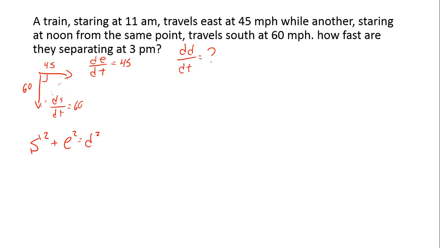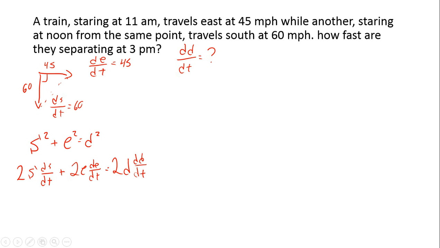And so now, if we want to find what dD over dt is, we've got to take the derivative of each of these. So the derivative of each one of these with respect to time would be 2s dS over dt plus 2e dE over dt is equal to 2d dD over dt.